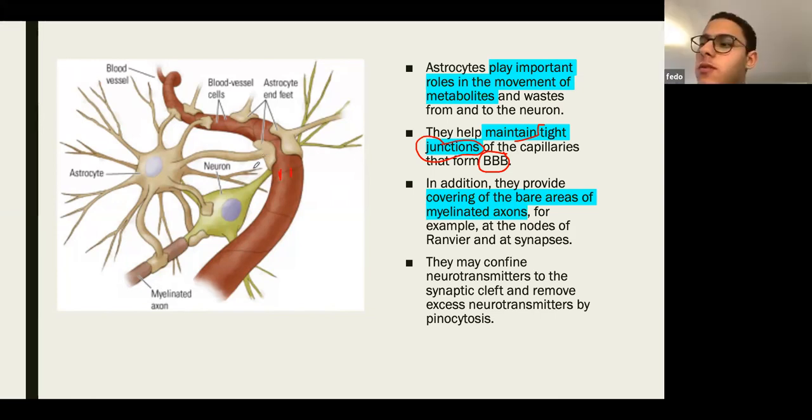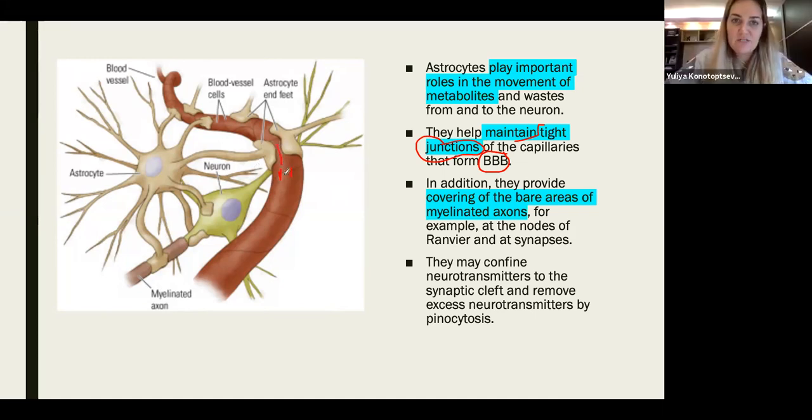Tight junctions between what? Between endothelial cells. There are two endothelial cells of the blood vessel. So it's like this foot process is trying to seal the blood vessel, to close it to make sure that the wall is not leaky. So it creates a tight junction.